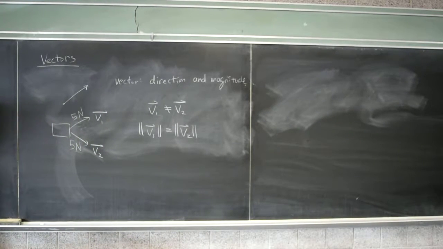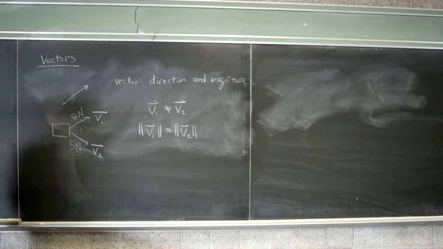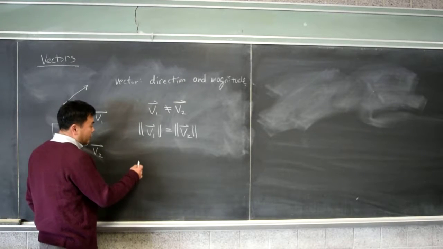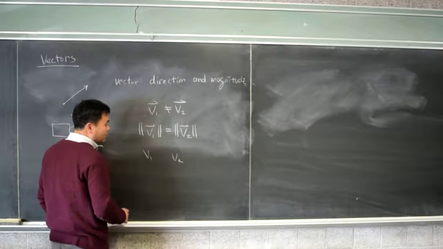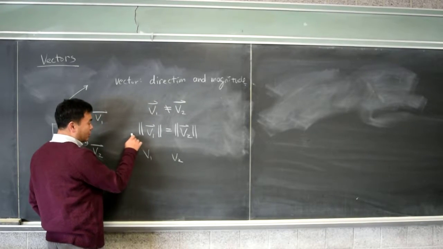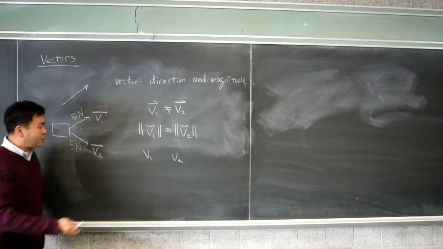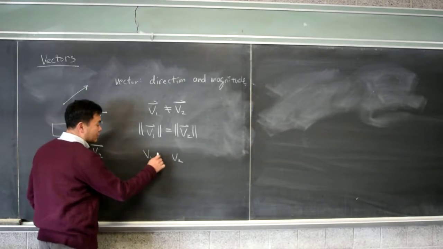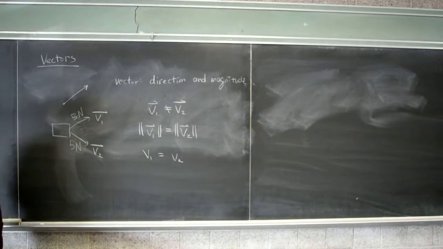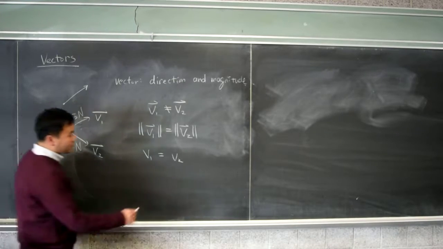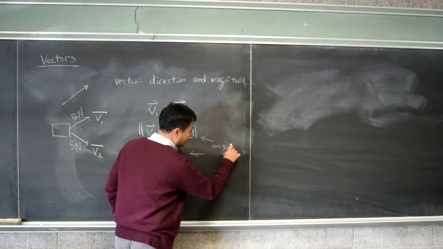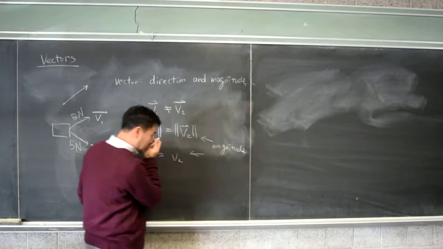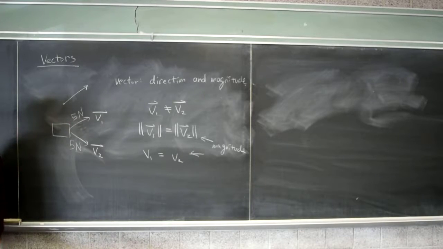In many cases, in physics books, they would use just V1 by itself and V2 by itself for the magnitude. So another way to say that their magnitudes match will be like this. So these are both magnitudes, because they both have 5 as the magnitude.